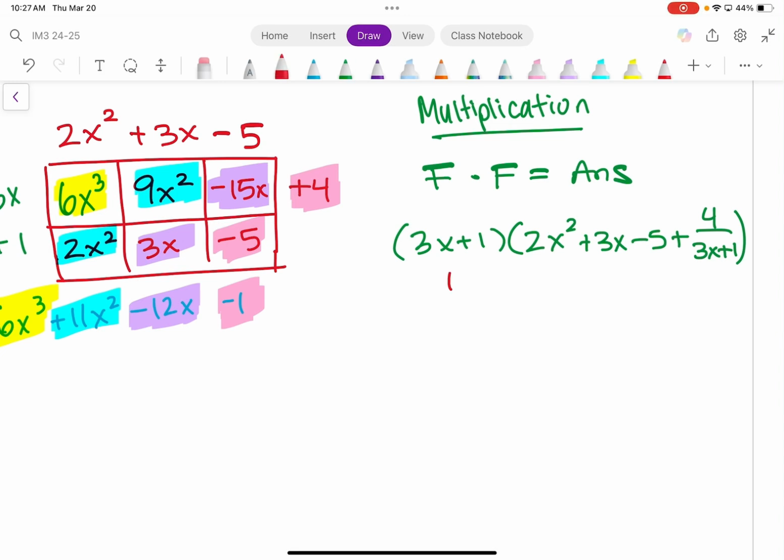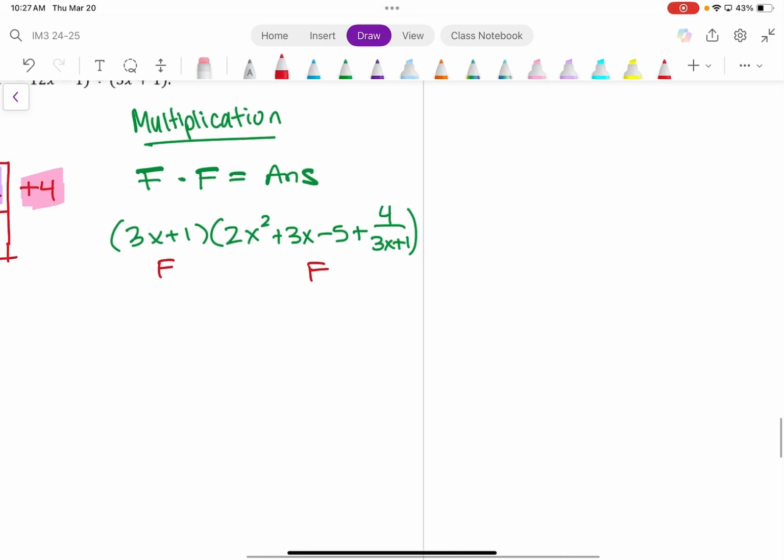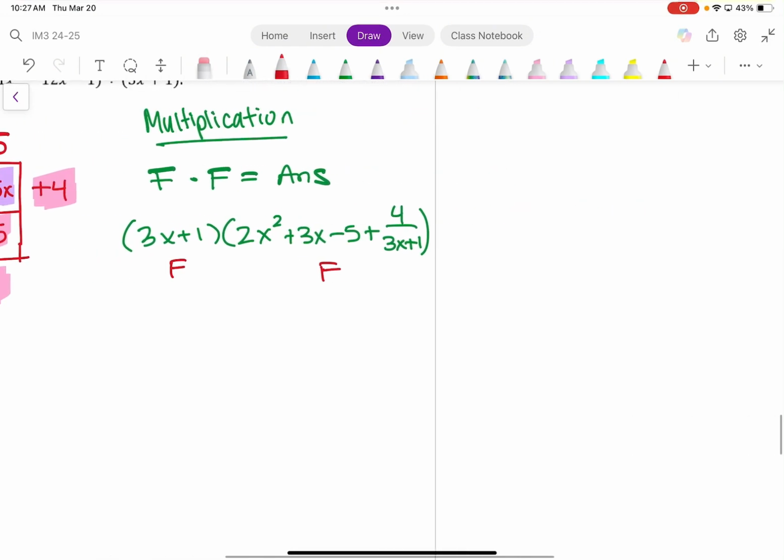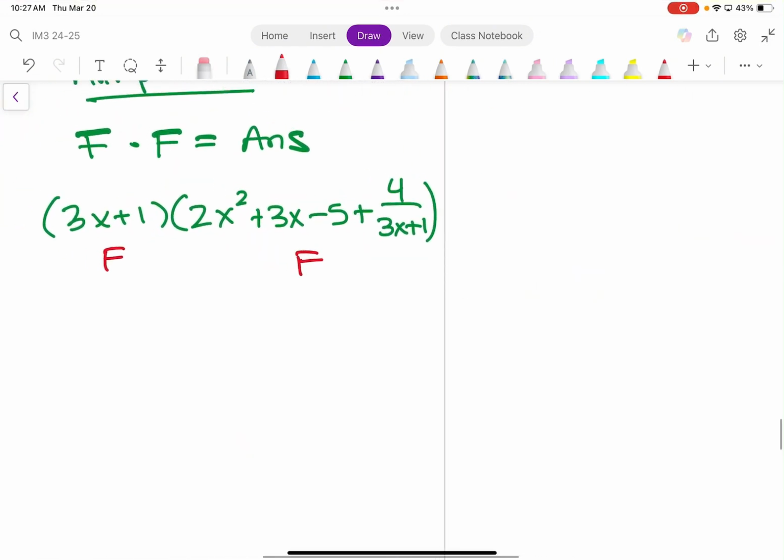So right here you have a factor, you have another factor. We have to set this equal to our answer. So all of this is going to equal the following: 6x to the third plus 11x squared minus 12x minus 1.